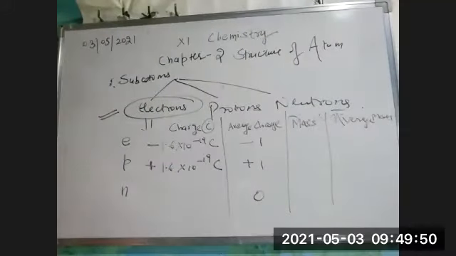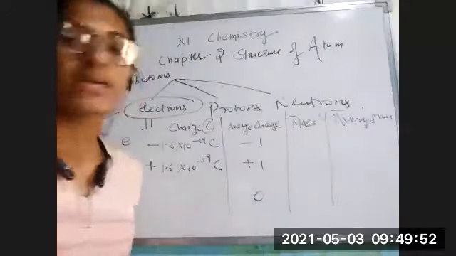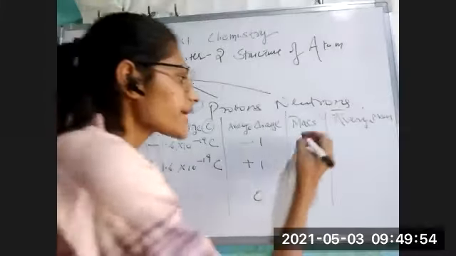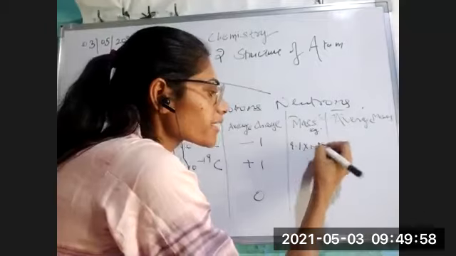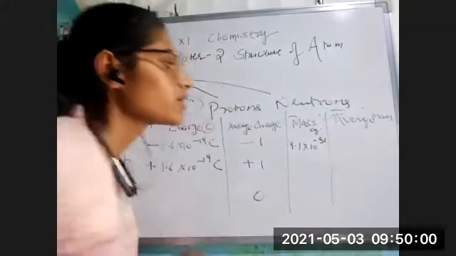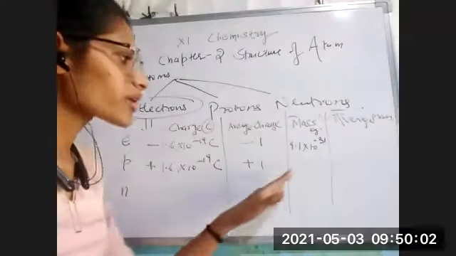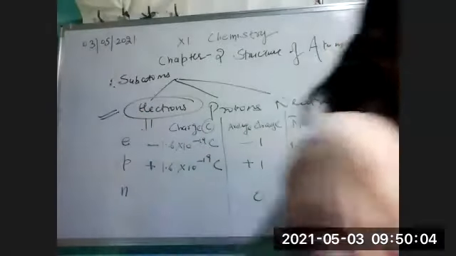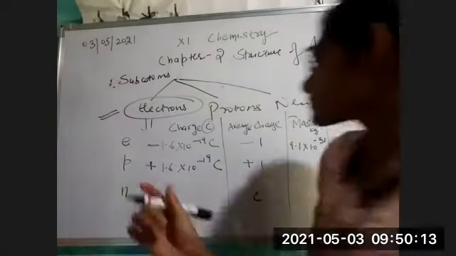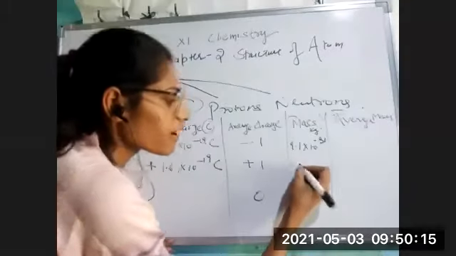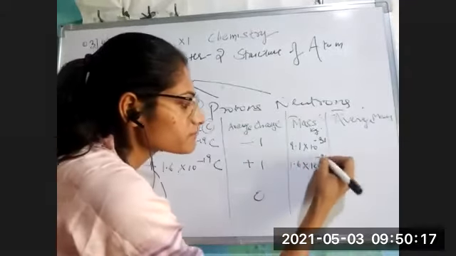Now the mass in kg was taken as 9.1 into 10 raised to power minus 31 for the electron. Whereas for the proton, it is 1.6 into 10 raised to power minus 27 kg. Exactly the same mass was shown by the neutron too, that is 1.6 into 10 raised to power minus 27.